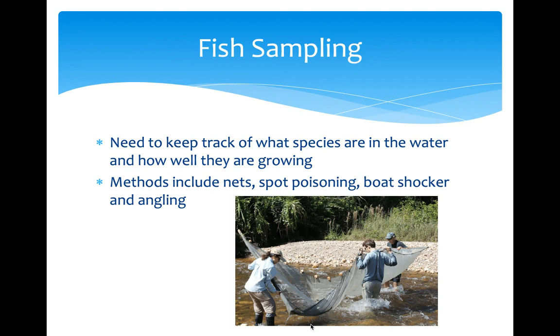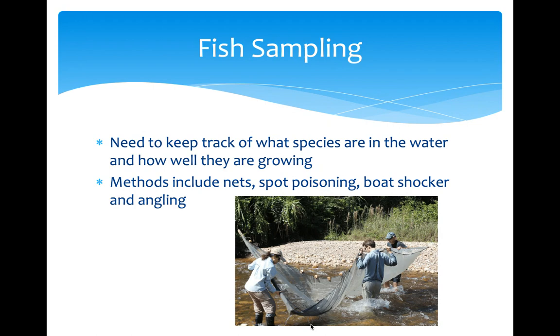As far as fish sampling, you do want to figure out what's living there, especially if it's a situation where you have an on farm pond and you are trying to maintain it for fishing purposes or whatever. You want to kind of keep an idea of what is actually in the water, how well they're doing.